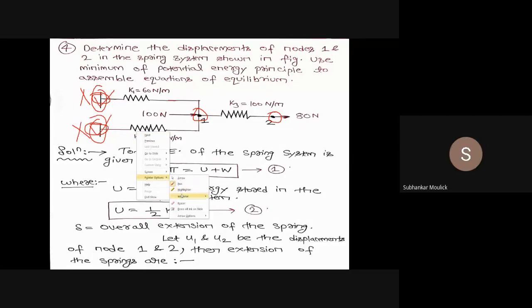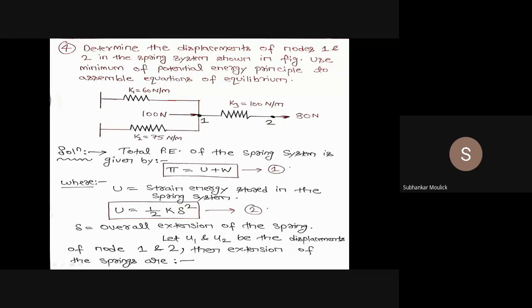Yes, sir. Okay. By the potential energy approach, first of all I need to find the potential energy of the complete system. I know that the potential energy pi is given by the summation of internal energy plus the summation of all external energy stored in the system.